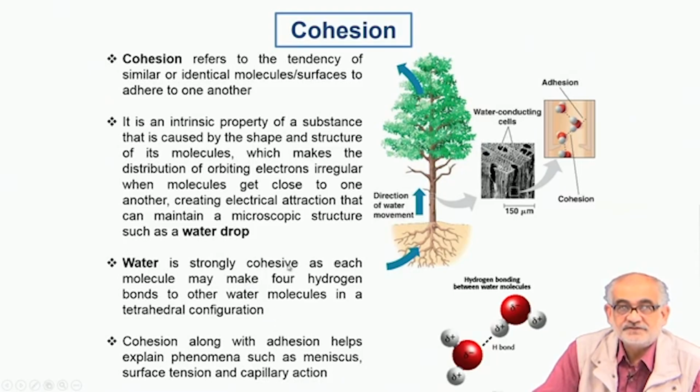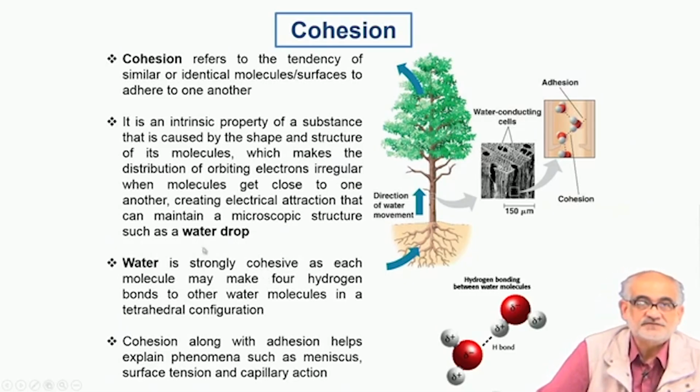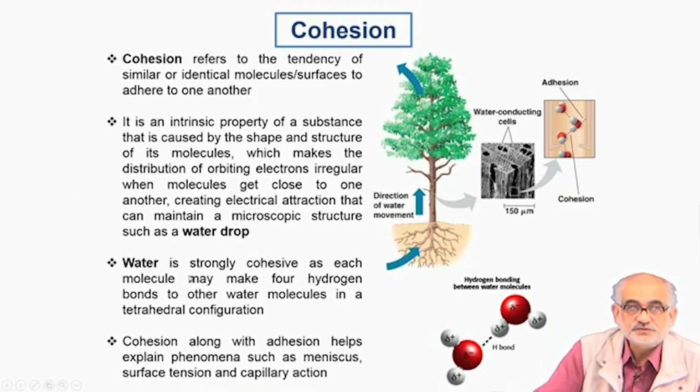For example, if you have two water droplets placed side by side, and due to mechanical vibration or for some reason they come in close contact, then they'll immediately merge and make a bigger droplet. This kind of action happens because of the forces of cohesion.